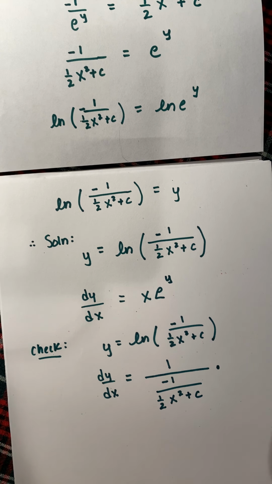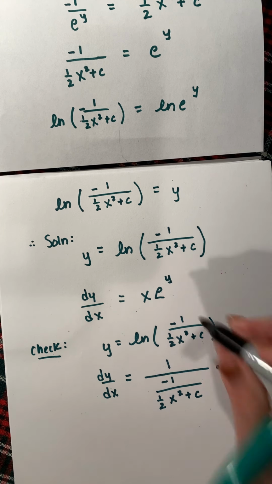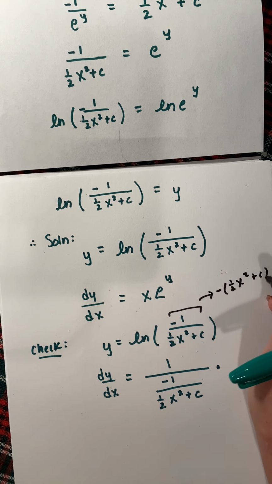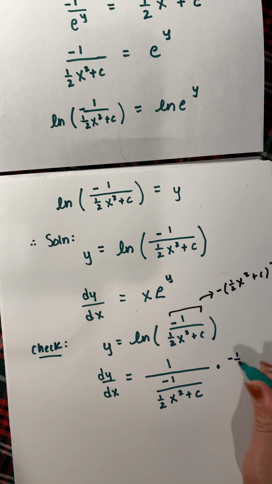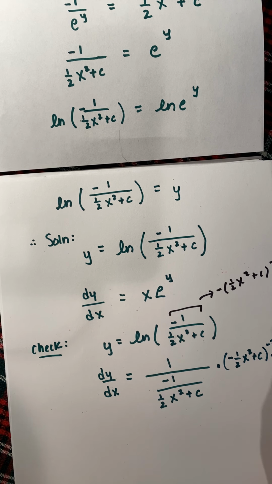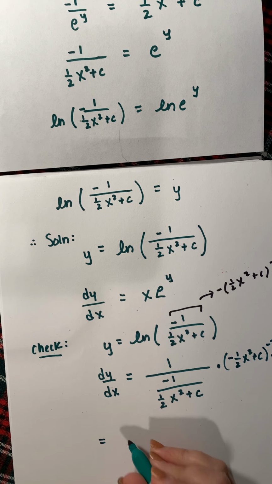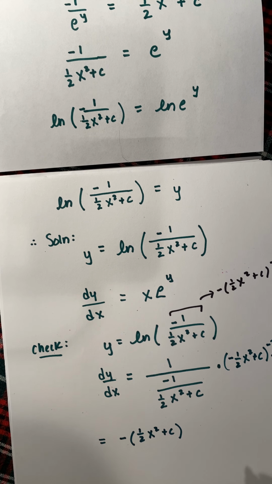All right, ready? So the derivative of what's inside, let's write here what my thought process is. I'm looking at just what's inside. It's negative (1/2 x squared plus c) to the negative 1 power, and I'm going to use the chain rule. So I'm going to bring the negative 1 out front, drop the power by 1. So it's going to be negative (1/2 x squared plus c) to the negative 2 times the derivative of what's inside, which is just going to be negative x. I know this looks horrible, but let's clean this all up. Dividing by a fraction is the same as multiplying by its reciprocal.